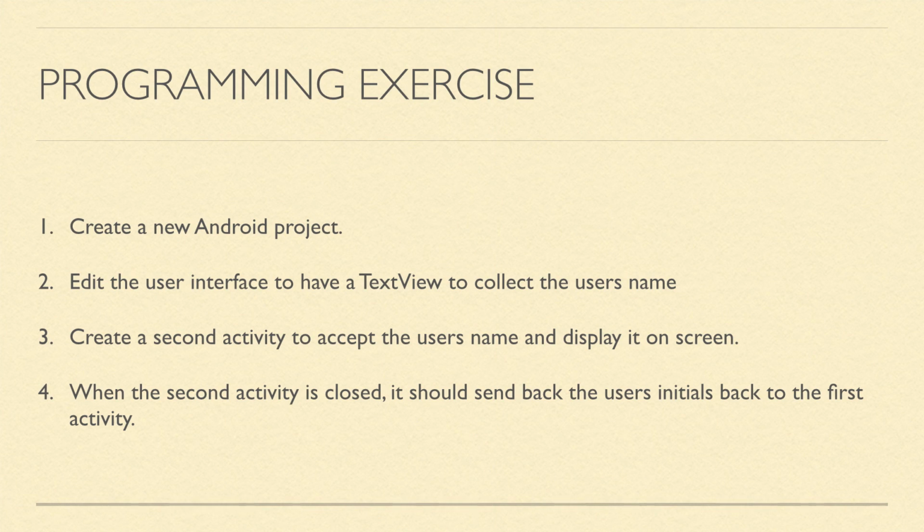Have a muck around with it, get it to do both, and then send back the initials to the first activity. So there's going to be a bit of code manipulation, some mucking around with the string. But first of all, collect the user's name, then send it to the second activity, and then work out how to strip out everything else but their initials, and then close the activity and send it back to the main activity.